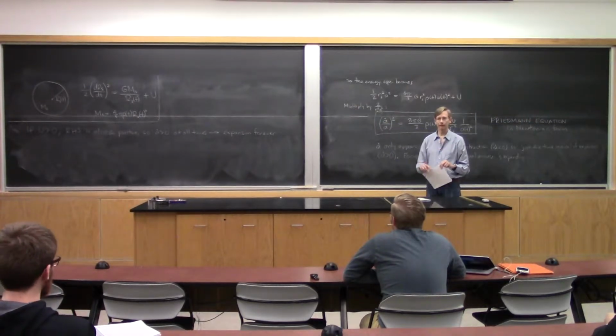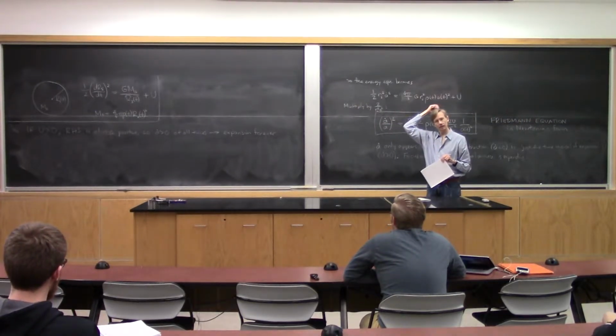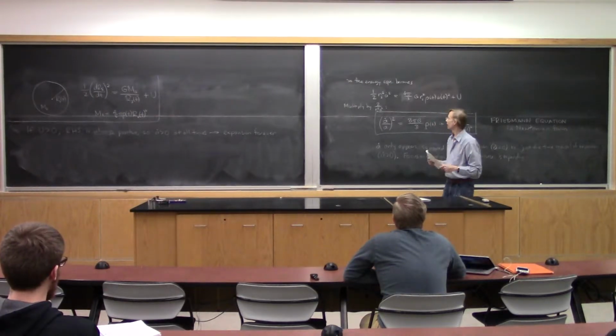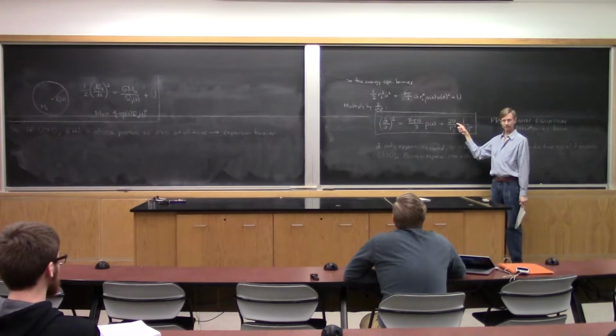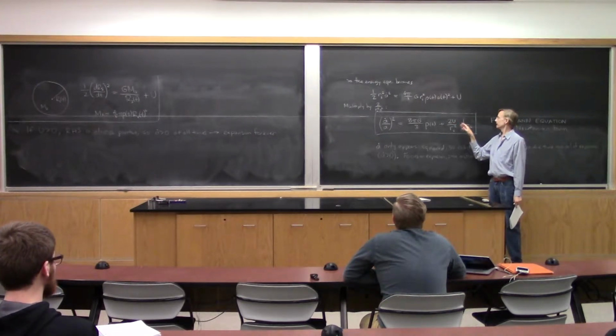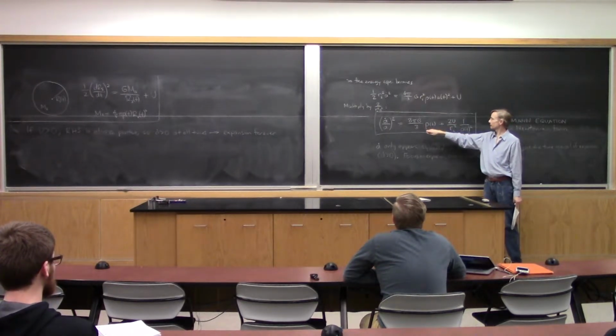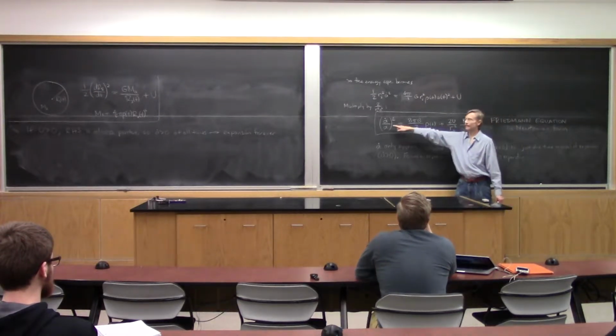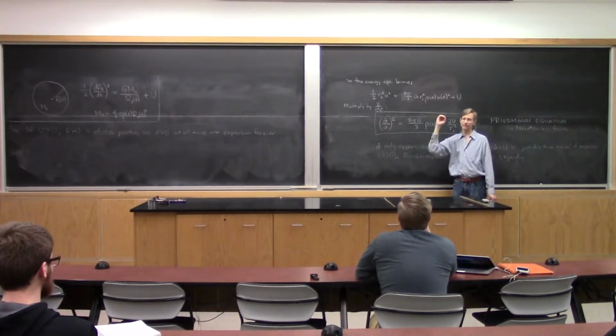Question, Alec? Yeah, doesn't it not matter what u is since it's a dot over a squared? But u could be negative. And so we're going to treat that case too. If u is negative, then here's a positive term, here's a negative term, and they change with time. And so what happens is eventually they become equal to one another, and a dot over a at some time becomes equal to 0.